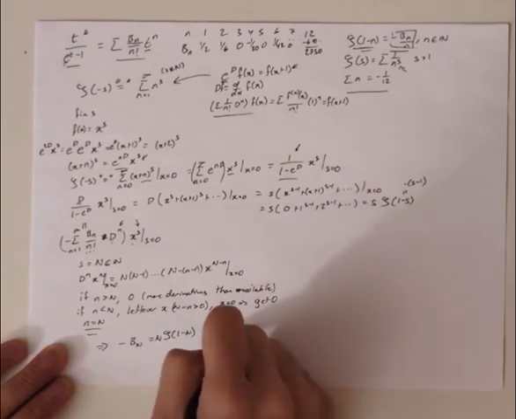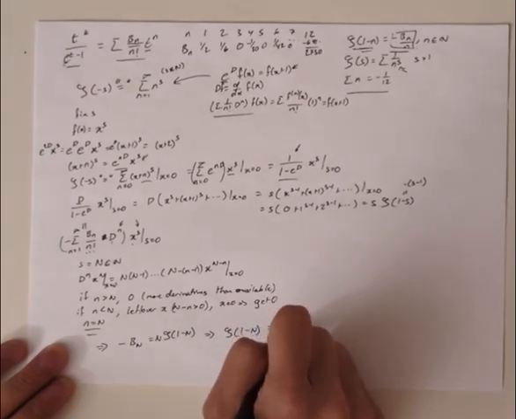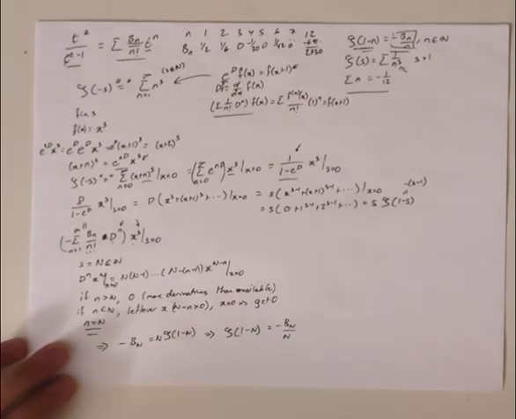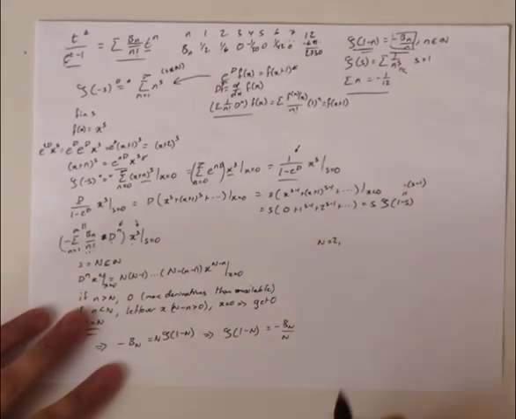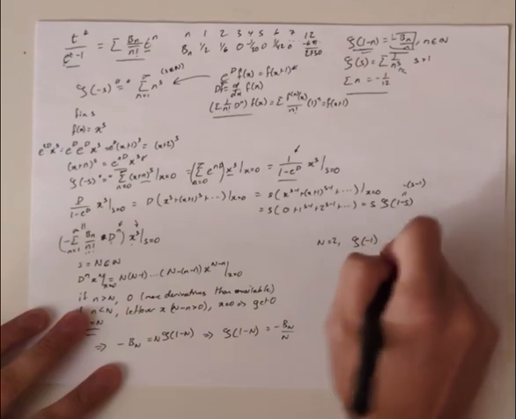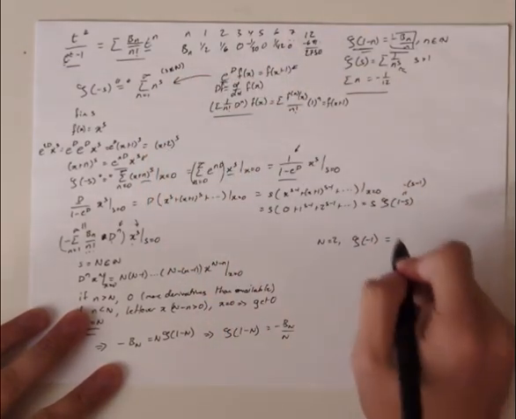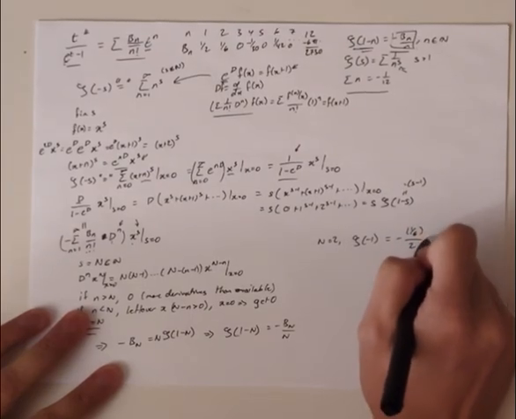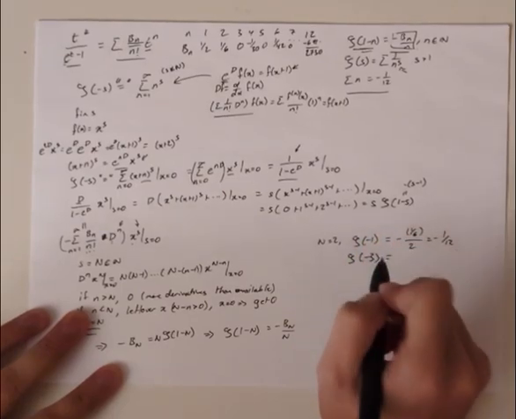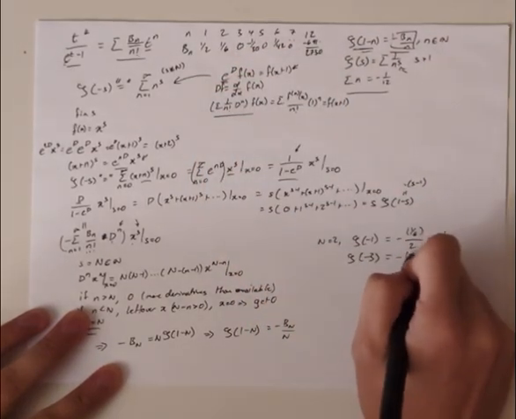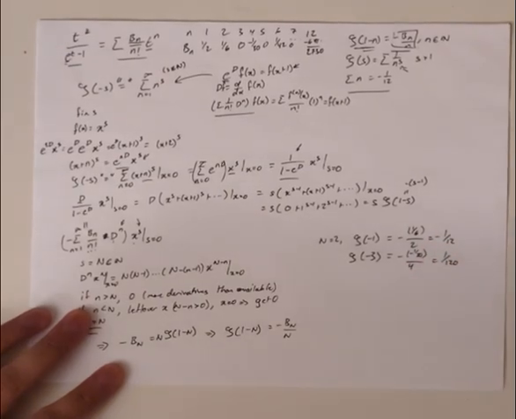Or alternatively said, zeta of 1 minus n equals negative B_n over n. So over here, for example, if you plug in n equals 2, then you get that zeta of negative 1 is equal to, famously, negative, what would we have here, 1/6 over 2, which is negative 1/12. Or if you wanted zeta of negative 3, well, that's equal to negative negative 1 over 30 over 4, equal to 1 over 120.